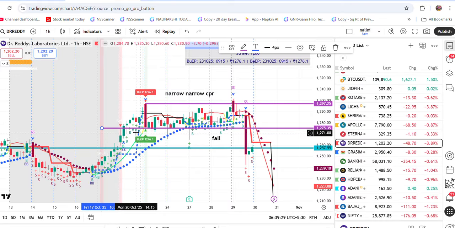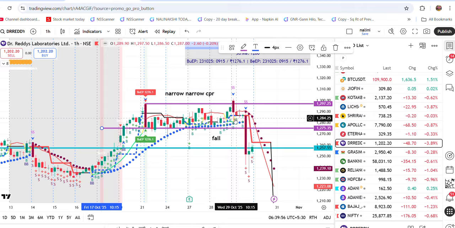Here, when I see 1, 2, 3, 4, 5 days, this is the fifth day, that is on 29th, you can see the price. This is the episodic pivot. The price was not crossing above this and the first candle itself closed below this.